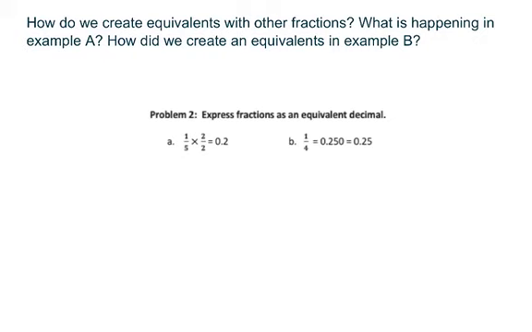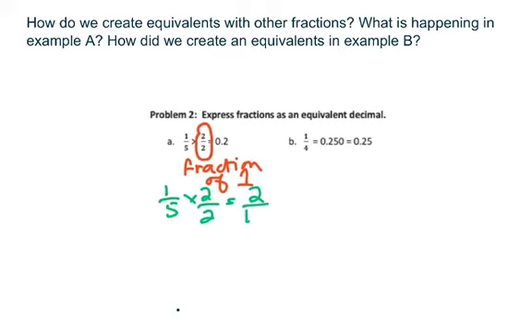But what we're doing is showing how we have multiplied by a fraction of 1. And this fraction of 1 yields us 2/10. When we multiply 1/5 times 2/2, we get 2/10.